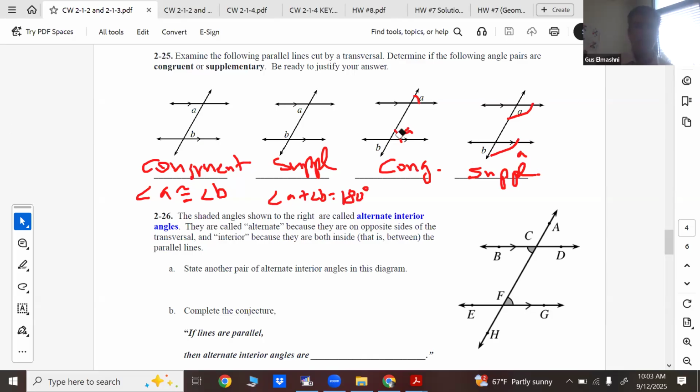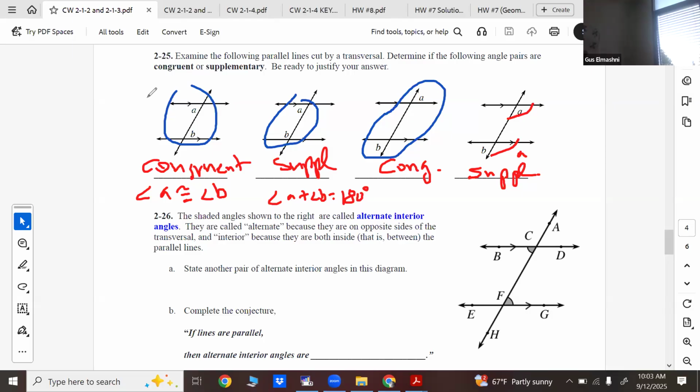Now, there's actually some more terms that we're going to add that are pretty important for this discussion. When A and B are on opposite sides, you would agree these are on opposite sides, right, of this line that goes through the middle, and they're both inside the parallel lines.